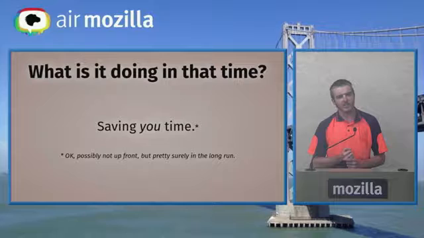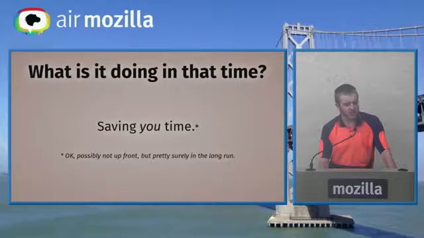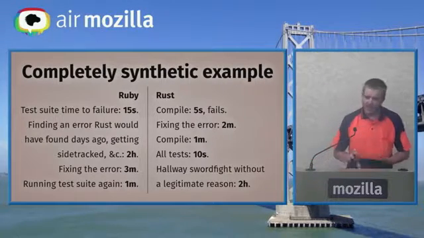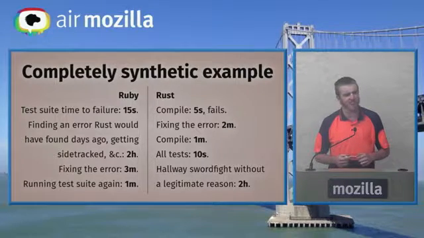I would argue that it is saving you time, because there are various classes of errors that it's picking up on, which you have made. It may not be saving you time up front. It certainly does give the impression of making things take longer, but in the long term I believe that it is actually faster. Let's take a completely synthetic, made-up example which just happens to show that Rust is better.